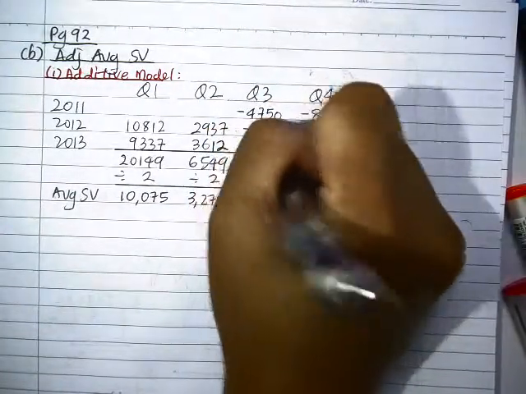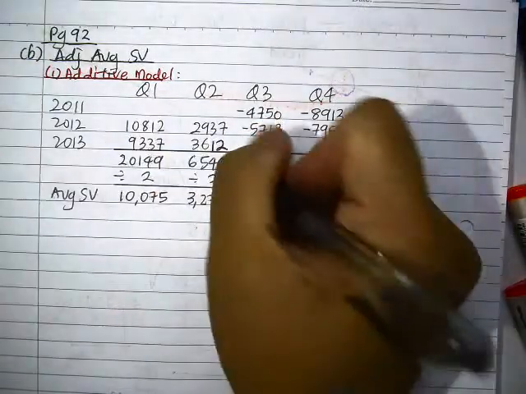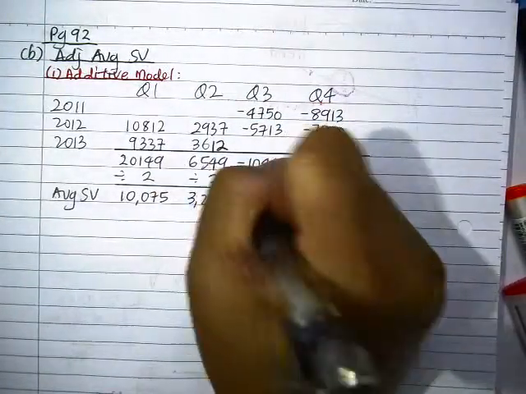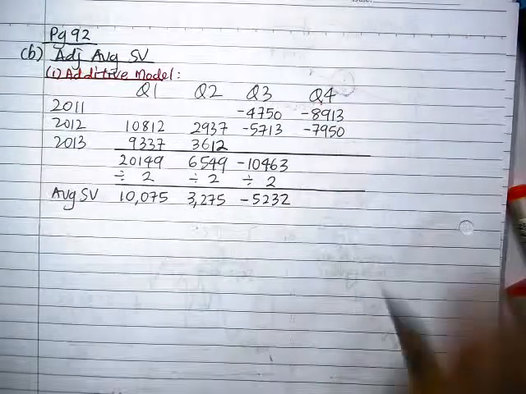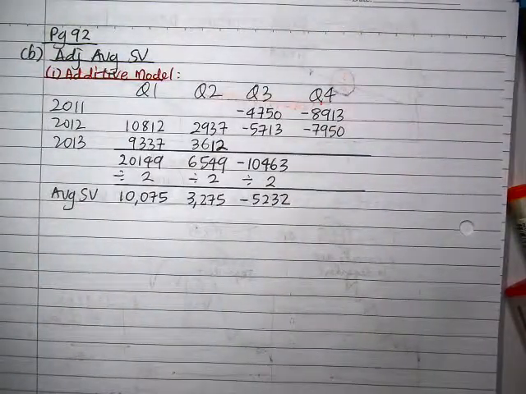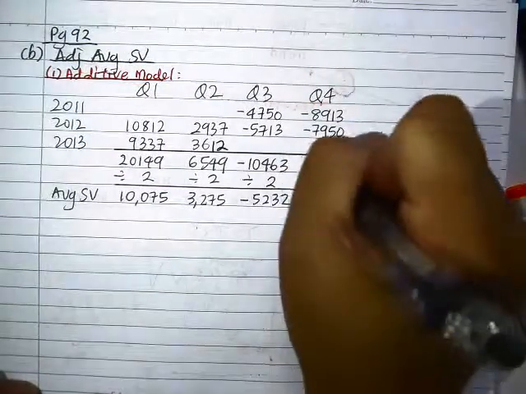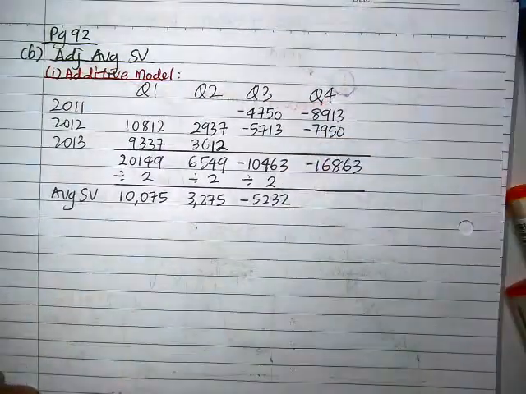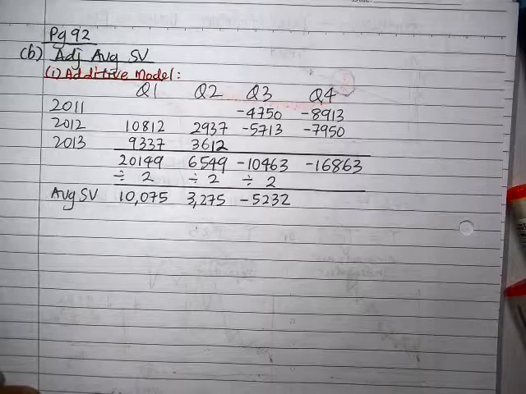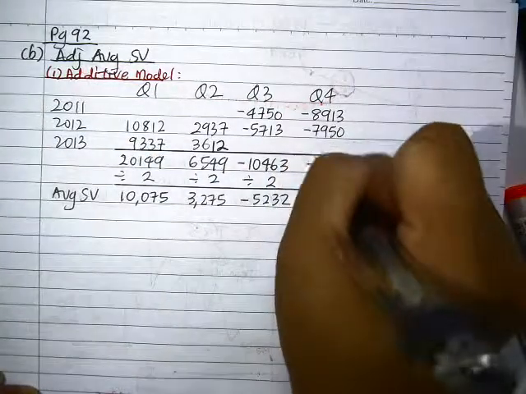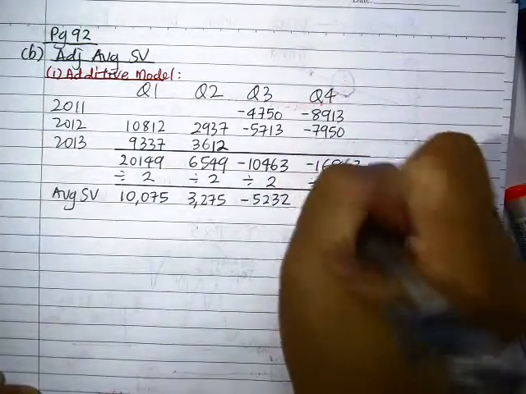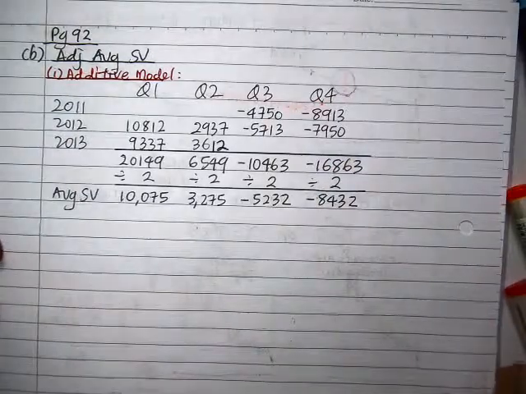Negative 463 divided by 2 is negative 5232. Right, then the last one will be negative 16863. So divided by 2 is 8432.